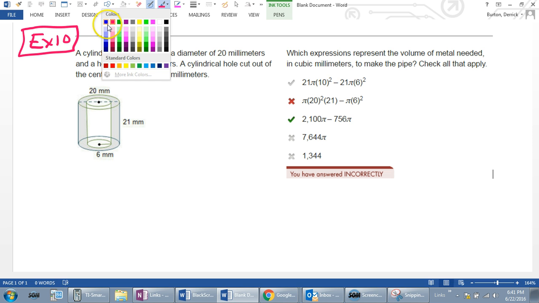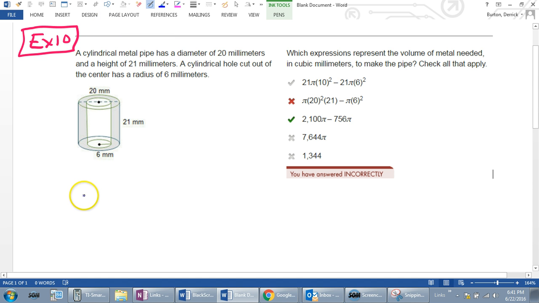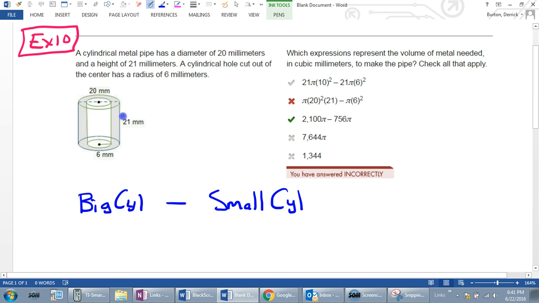So the story of this problem is we're going to start with a big cylinder, and then we're going to subtract the small cylinder from the inside. And that will leave the shell.